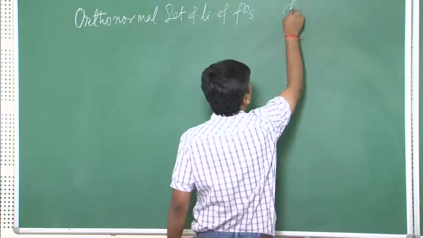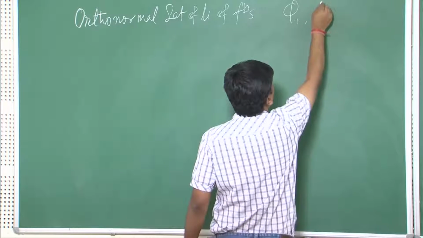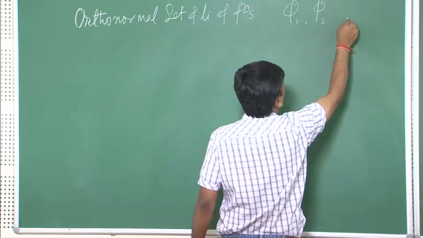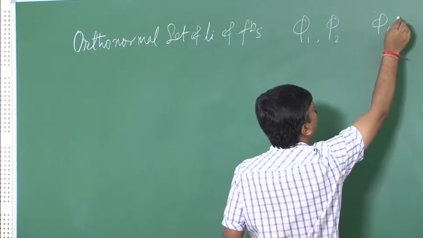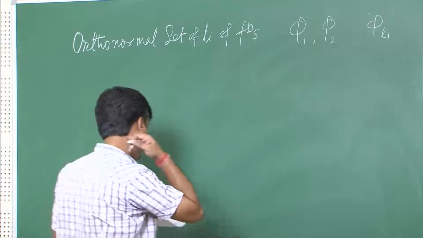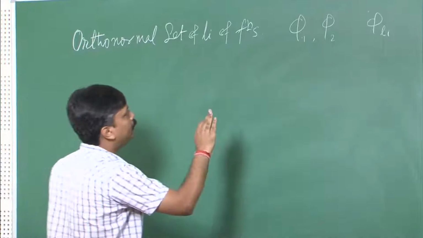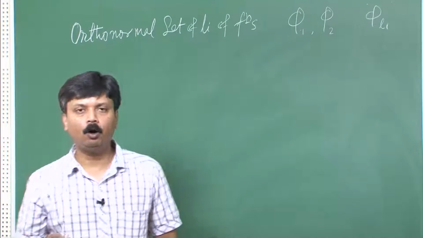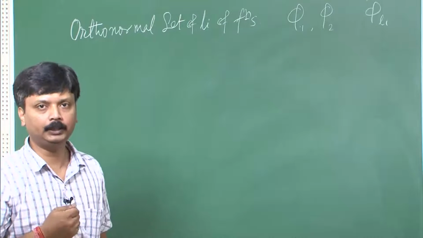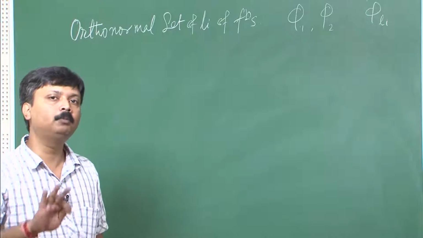Such as phi 1, phi 2 up to phi Li. So we have Li number of such functions, and we also assume that these functions form the basis of the ith irreducible representation of a point group to which our concerned molecule belongs.